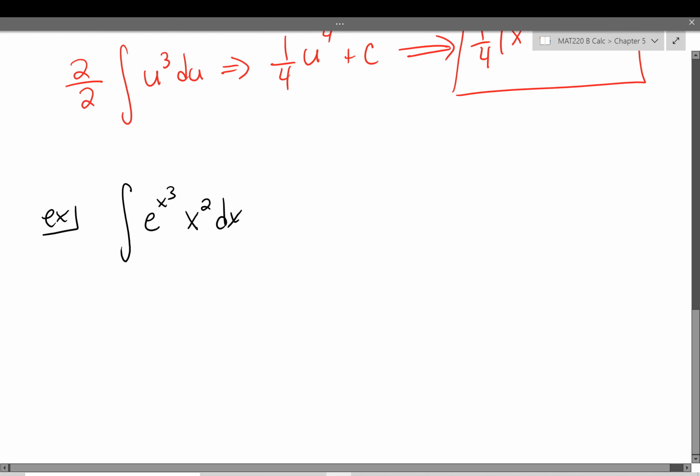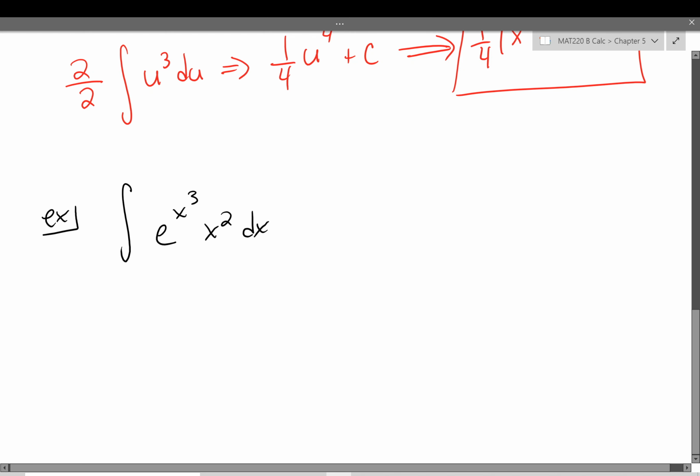Okay? So, once again, if you look, I have this x cubed right here. Notice the derivative of x cubed is 3x squared, or just x squared. Remember, with constants and integration, you pull them out front. You've got to get used to just seeing this.